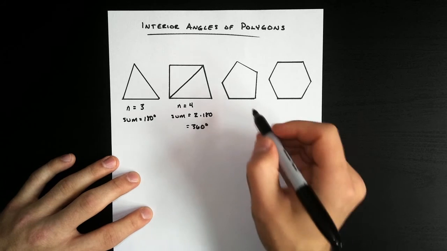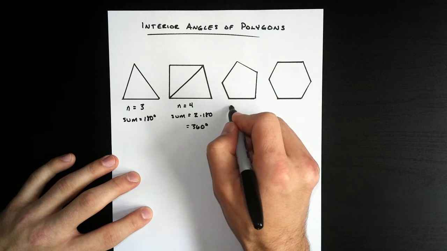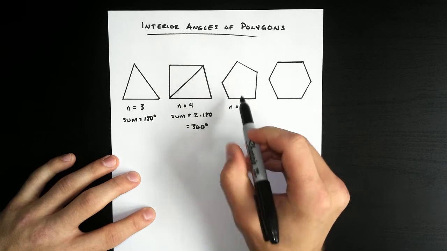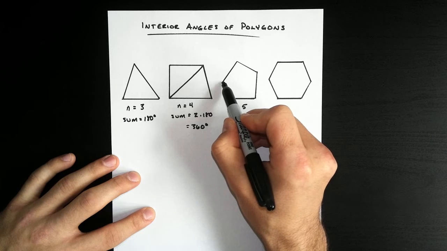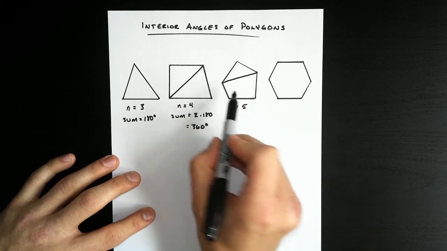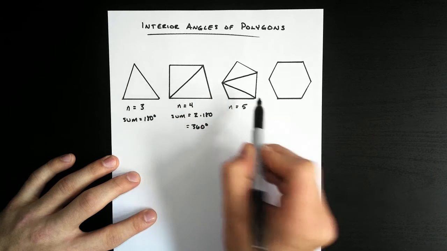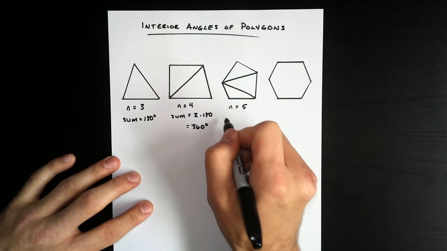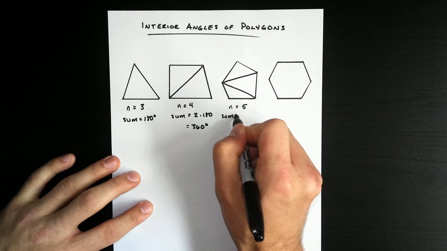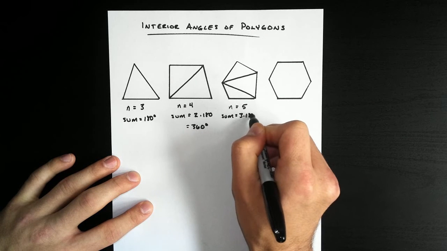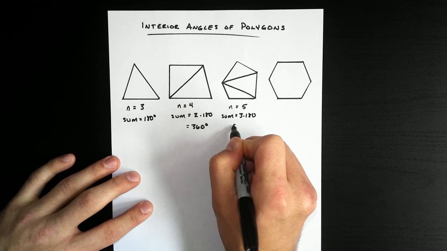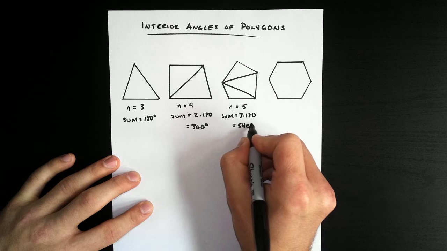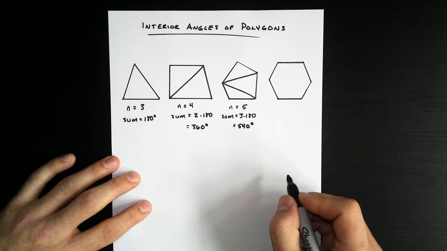And now we can continue that pattern. So with the pentagon, here n is equal to 5. I'm going to split this up into triangles. So from one of my vertices, we'll draw in a couple diagonals here. So here, my pentagon gets split up into 3 triangles. So the sum is equal to 3 times 180. And if we do that multiplication, we end up with 540 degrees.